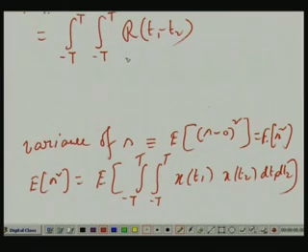So, for a zero mean process, autocorrelation and autocovariance, or correlation and covariance, remain the same, because the mean is 0.